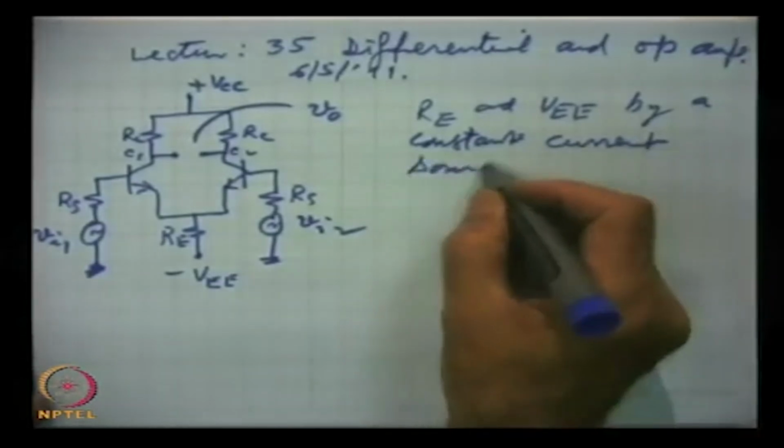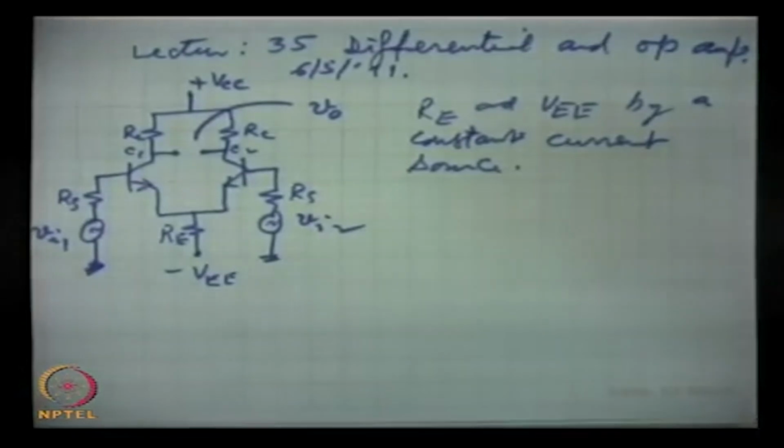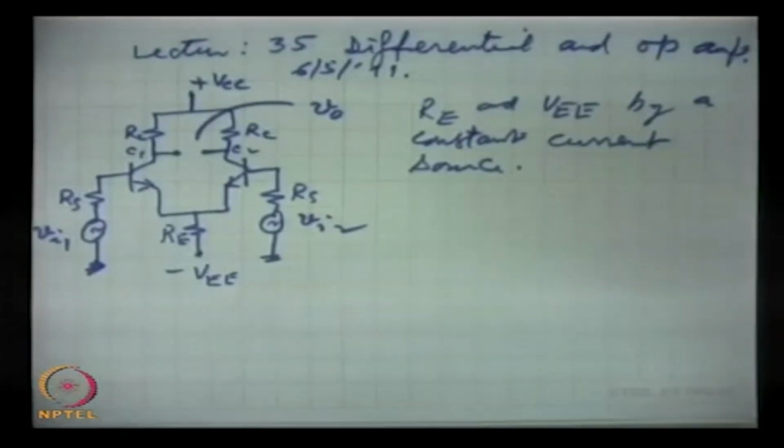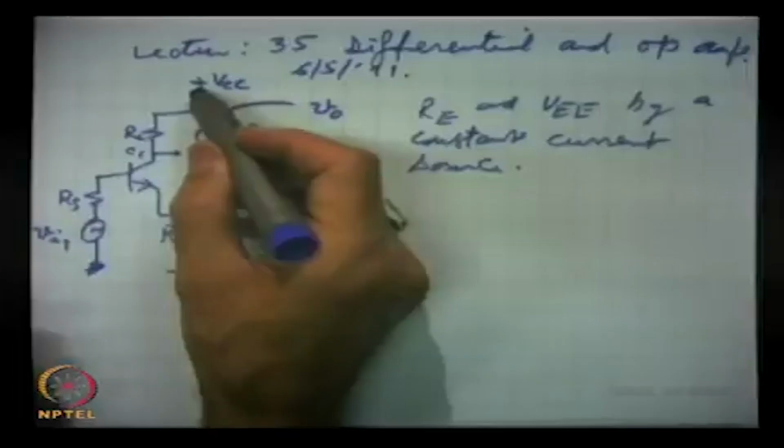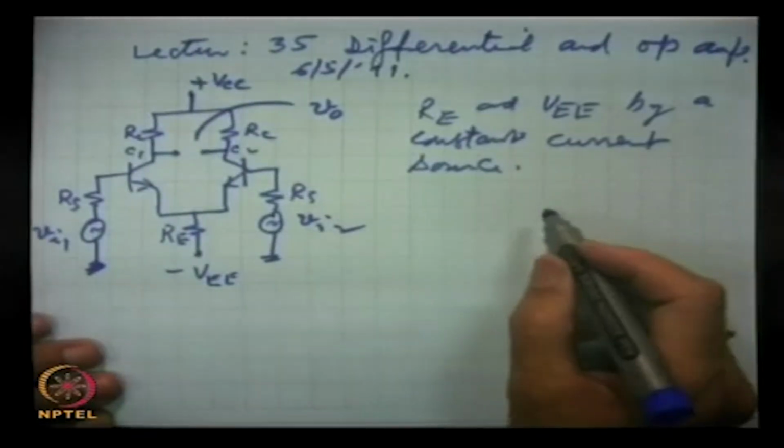As we have discussed several times, there are certain rules: DC voltage sources have to be grounded and DC current sources have to be opened. So this source is to be grounded, and our AC circuit will become this.